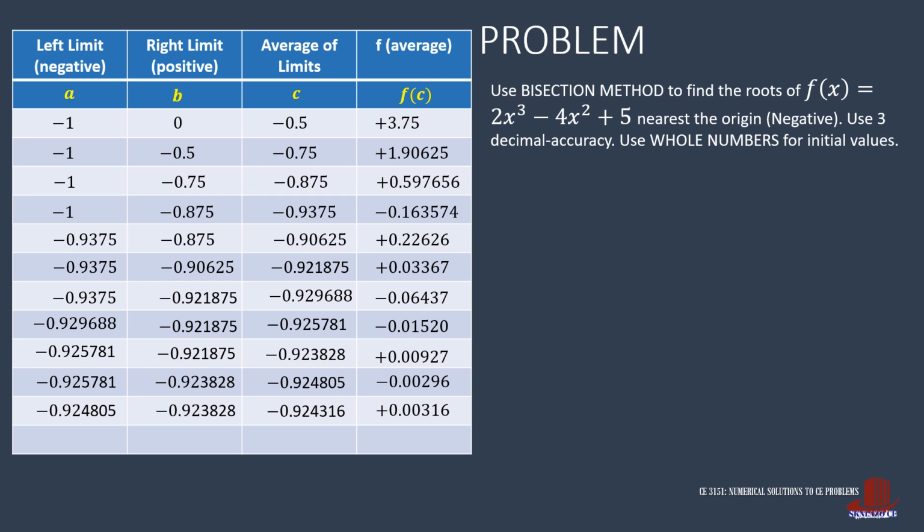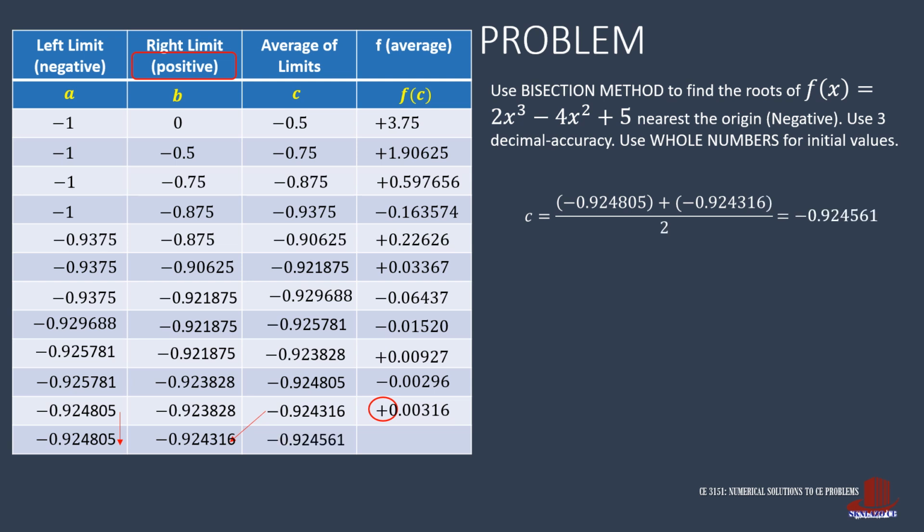For the next iteration, having a positive f of c makes it clear that c of negative 0.924316 replaces b. A stays the same at negative 0.924805. The average of a and b results to negative 0.924561.